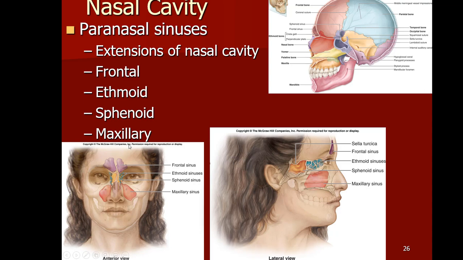And these air pockets are important for a couple of reasons. One, since there's air in there, it makes the bones lighter, which is good. Then also it helps with voice production. So if you've ever been congested and you get fluid in these sinuses, your voice may change a little bit. So that is one of their functions, just to help with voice production. So just be familiar with which bones have paranasal sinuses.